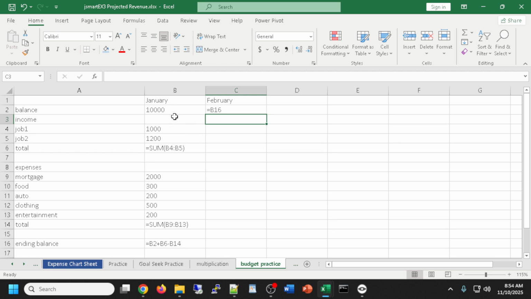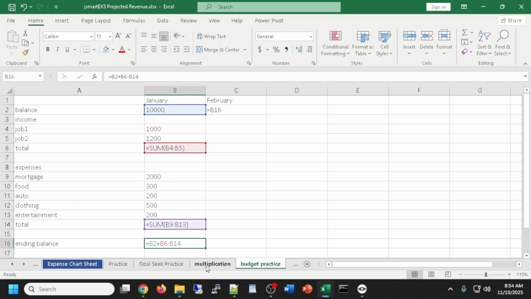The total income is just the sum of what's above. This is the very important formula. Beginning balance plus income minus expenses. That will be your ending balance for January, which becomes the beginning balance of February.